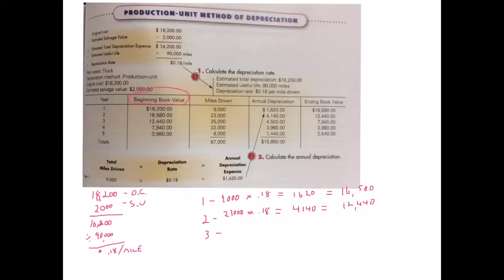Year three says that we drove 25,000 miles, times 0.18 gives us depreciation for this year of $4,500. Subtract that from the book value, $7,940. So that's how we do the production unit. Instead of depreciating it over time, we depreciate it based on the amount that we've used of it.